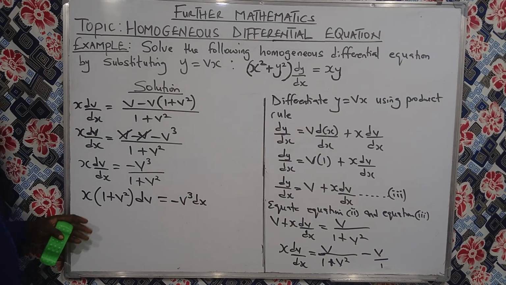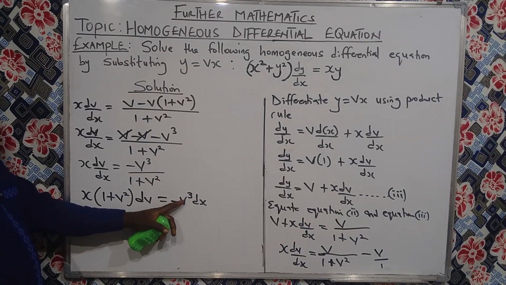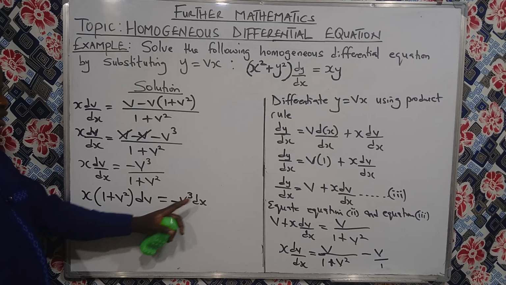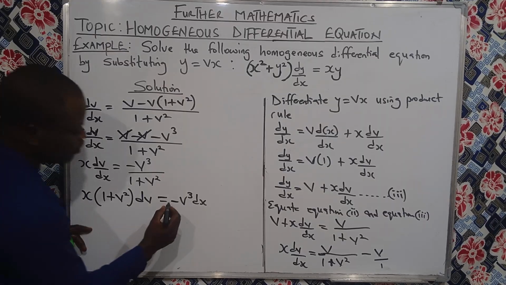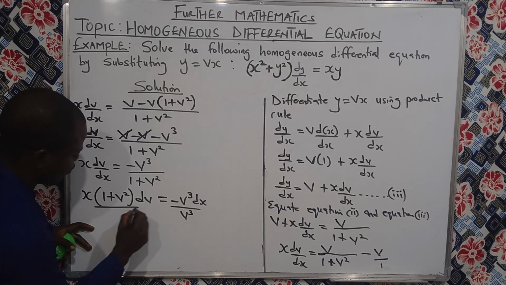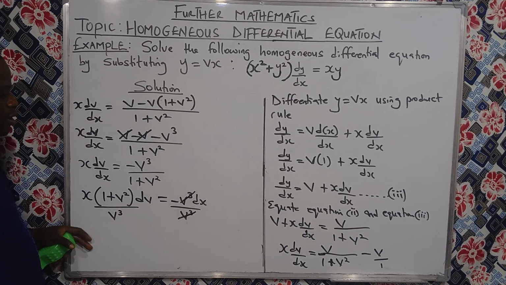At this point, we are going to remove minus v raised power 3 from the right hand side because it's not in correlation with dx. It is in correlation with dv. Now divide both sides by v raised power 3. This v raised power 3 will now cancel v raised power 3 out.